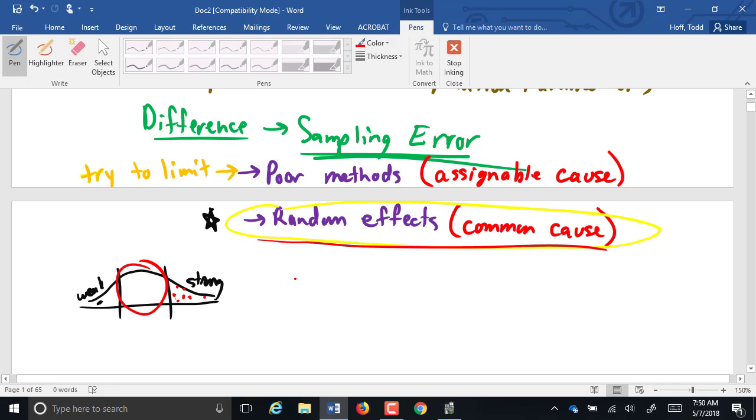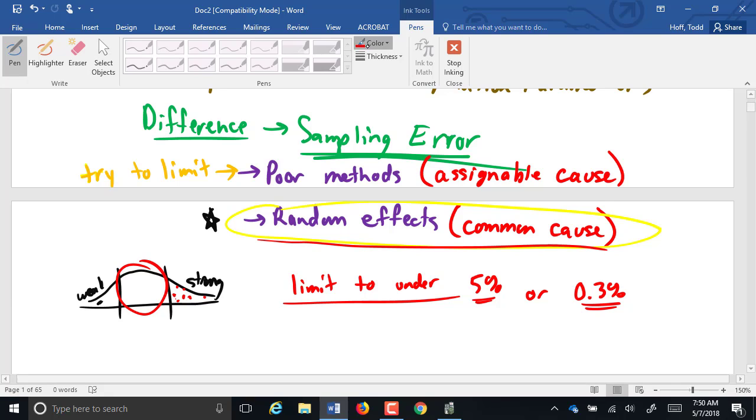And to limit that possibility, usually we're trying to limit that possibility depending on what type of practice, we're either to under 5% or under 0.3%, depending on which practice we're trying to use.